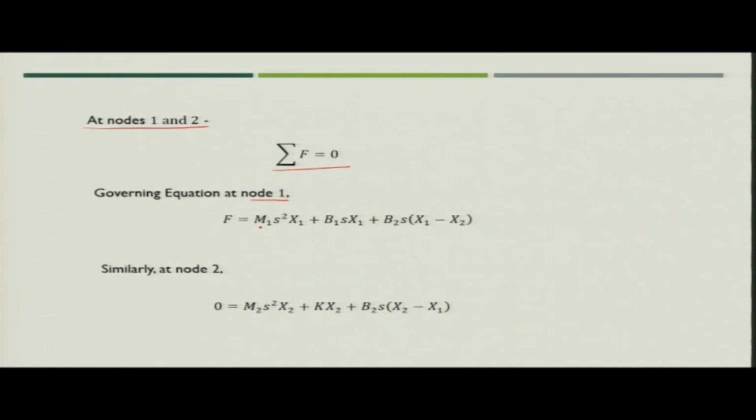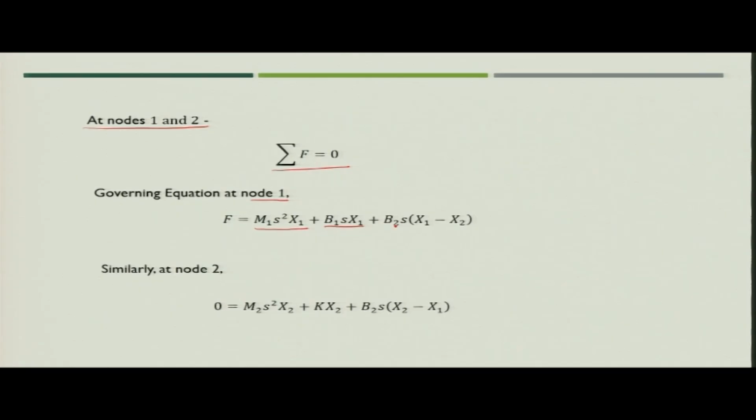So, what we will write: m1 d2x1 by dt2 can be represented in Laplace as m1 s square x1, plus b1 dx1 by dt is represented as b1 s x1.